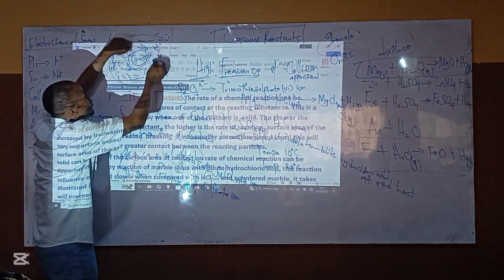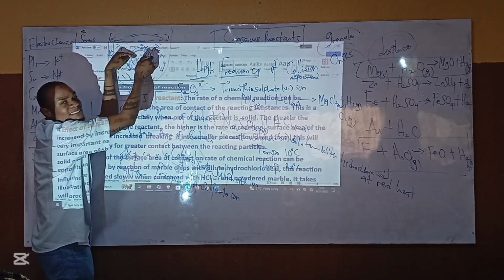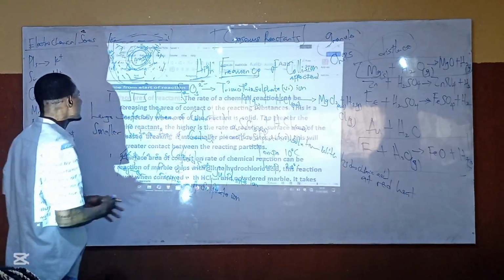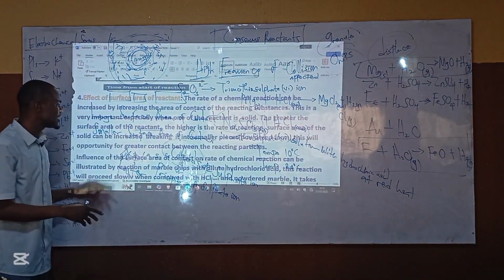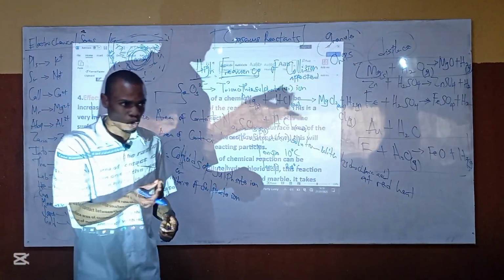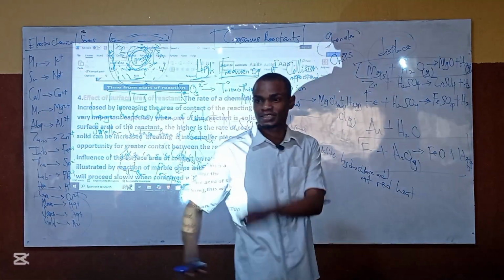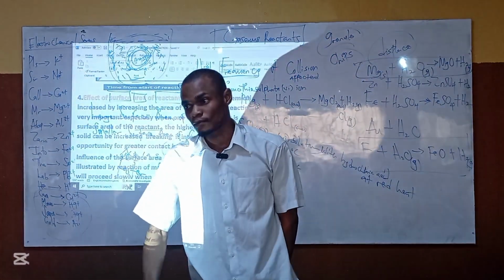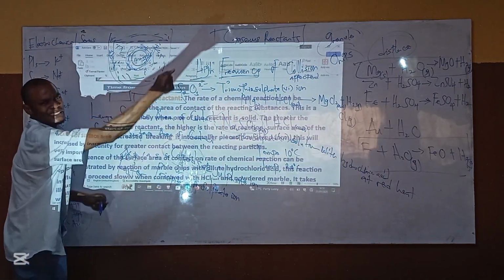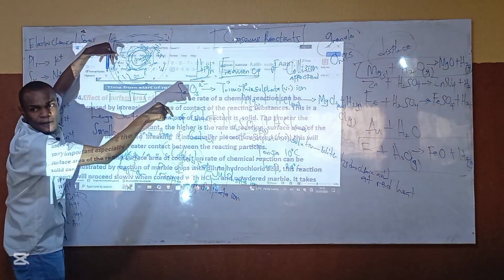So now, the area of contact, the area where your reactant is contacting this thing, is small, right? We will say a smaller surface area of contact for something in solid form, box shape, granule shape. But when you grind it, it scatters everywhere, right?